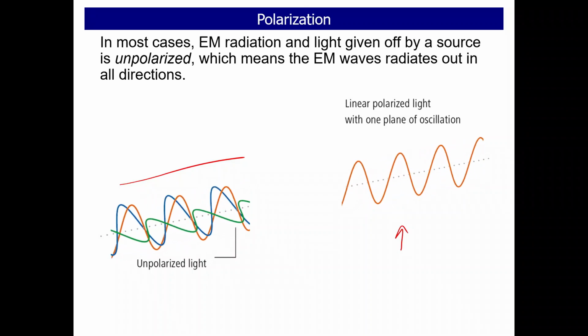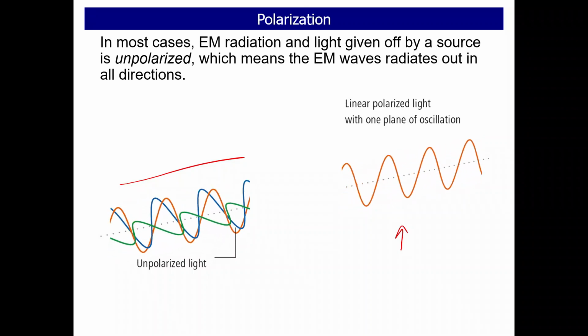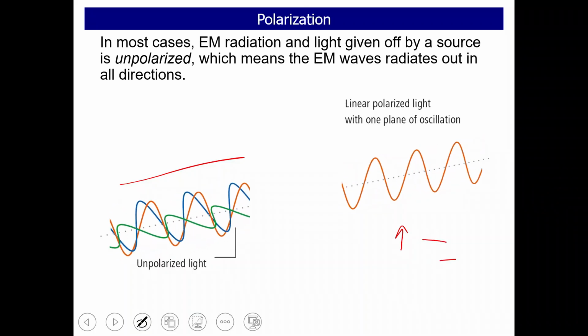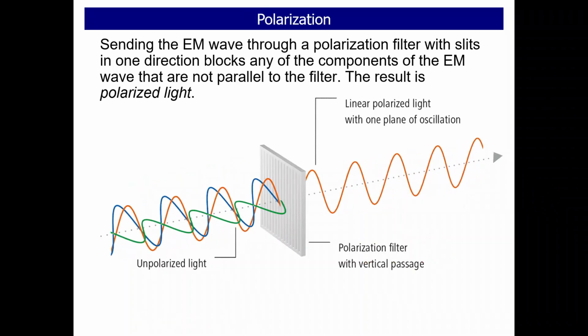So what we can do is we can pass light through filters. So passing the wave through a filter, which we call a polarization filter, with slits, essentially, the slits might not be visible, but they're in the material themselves, can block the wavelengths that are not aligned with the slit.